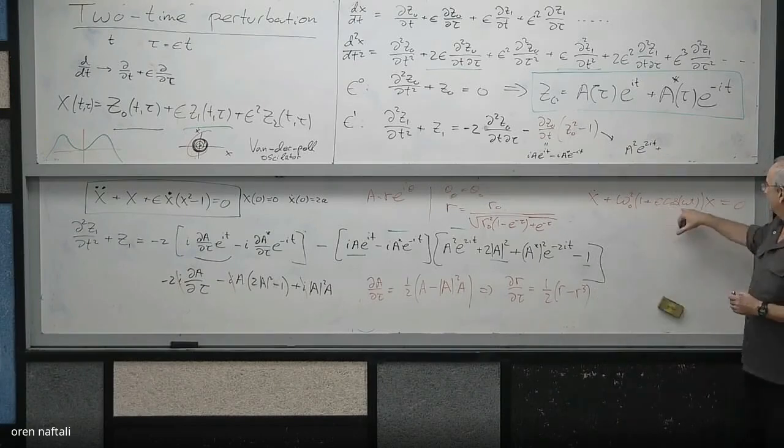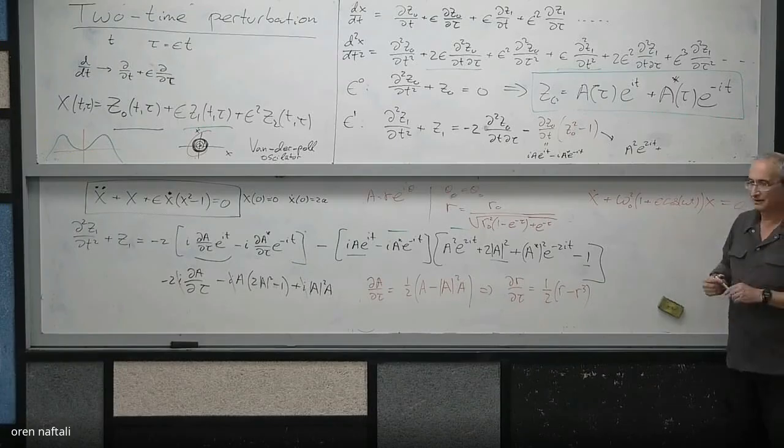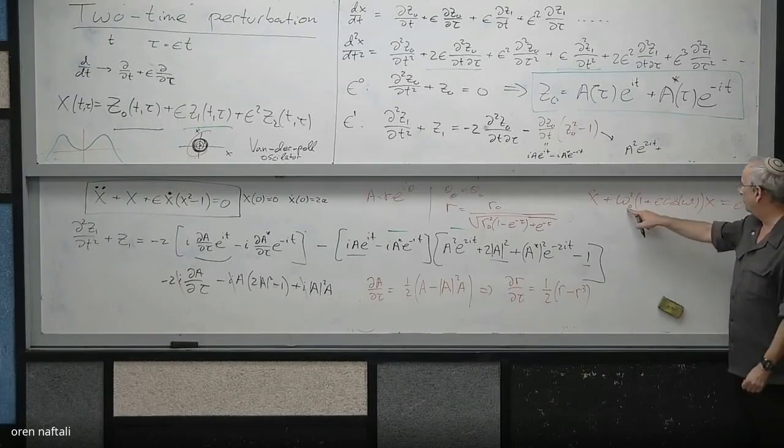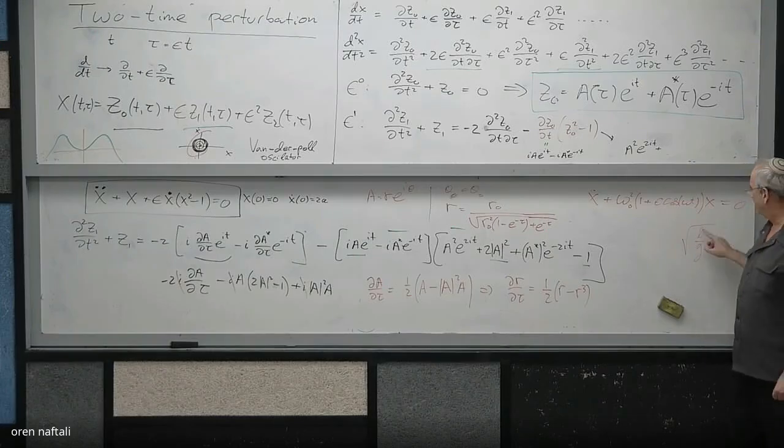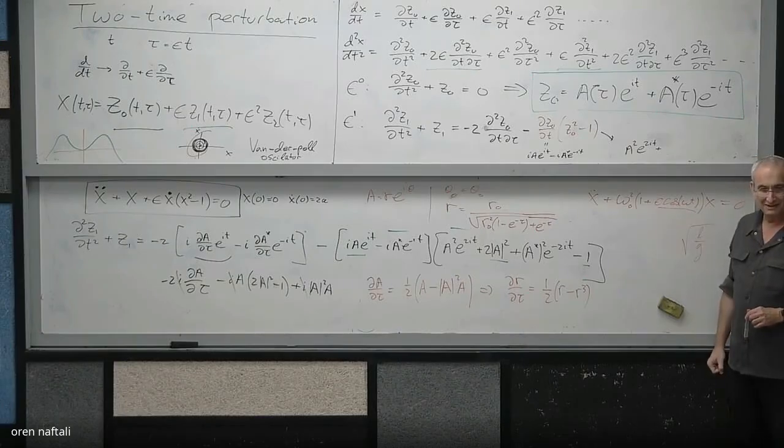Why is that? Because the omega naught of the swing is square root of G over L or something, right? And when you take your legs up and down, you change L. So you change L periodically, so you add a slight periodic modification to the omega naught, right?